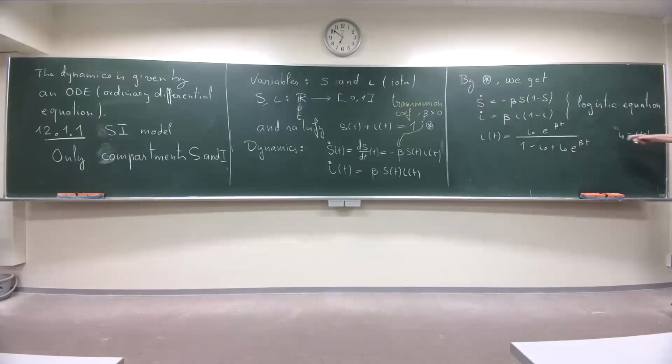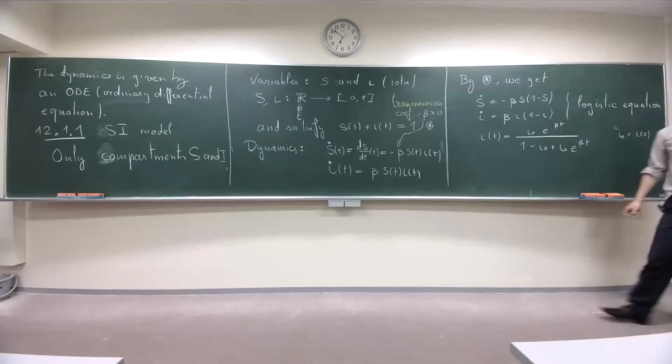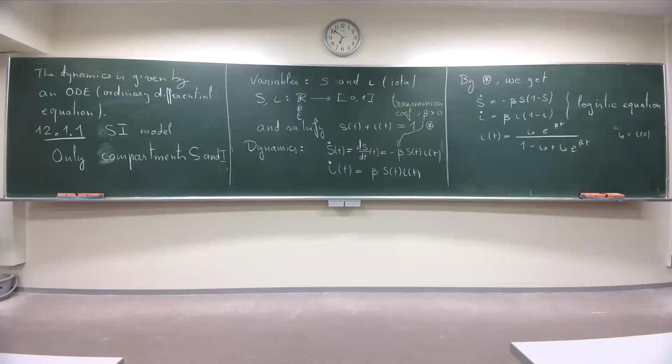You can check, you use this solution. So I give you the solution, you take this solution, you implement it here. Remember, this is a derivative with respect to time, and you check that it's indeed a solution. And it's the only one if you give this initial condition.